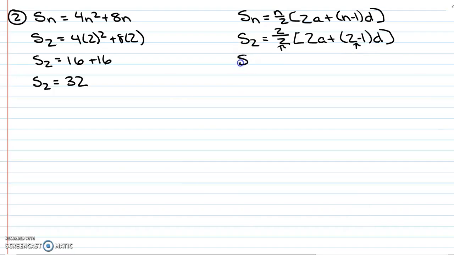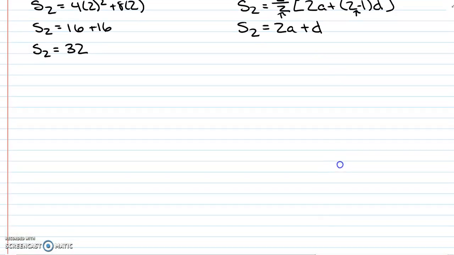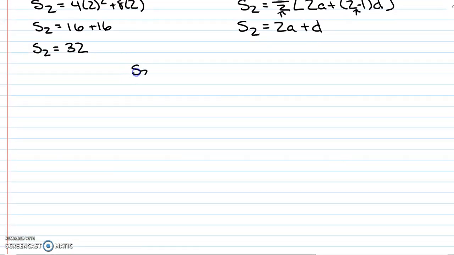So the sum of 2 is equal to 2a plus d. Just like we did when forming our first equation, we're going to set the two equal to each other. So 32 equals 2a plus d. This here is going to be our equation number 2.